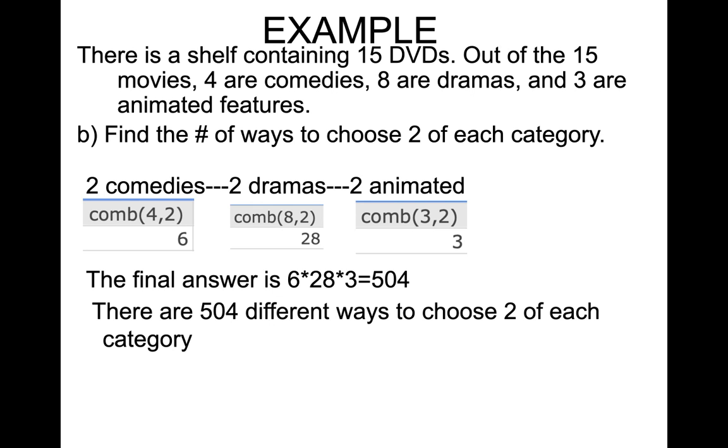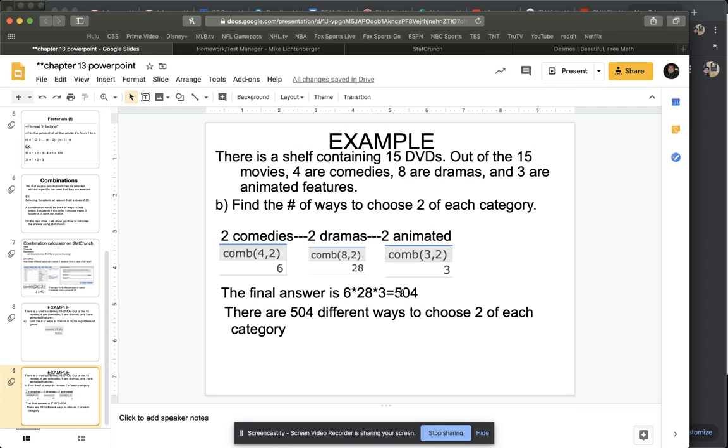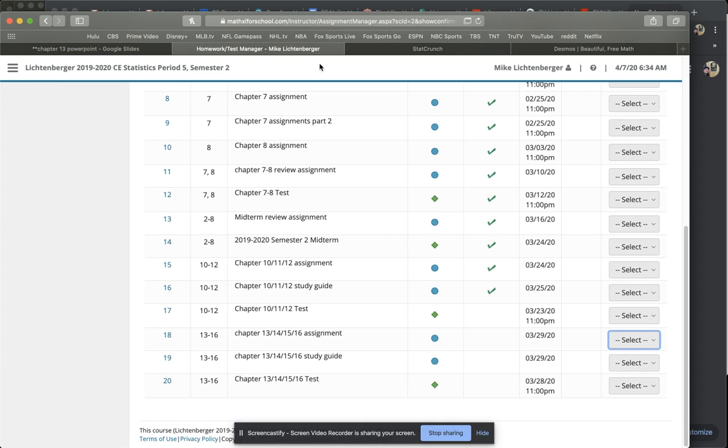That is it for the PowerPoint. What I want to do now, and I'm going to do the same thing that I did in the last unit, and instead of having one assignment per chapter, I'm going to have one long assignment for chapters 13 through 16. So on MyMathLab, there is a chapter 13, 14, 15, 16 assignment.